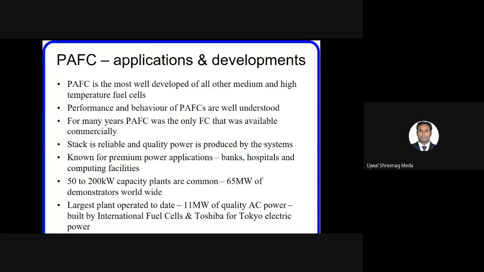And till date, the largest plant operated is an 11 megawatt capacity plant, and it is in Japan. And it is mainly used for grid power generation, so large scale electricity generation, which is an alternative to conventional hydroelectric or power generation by steam. These are some of the applications of PAFCs.